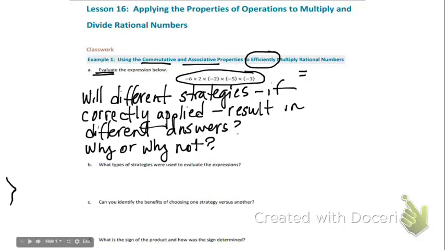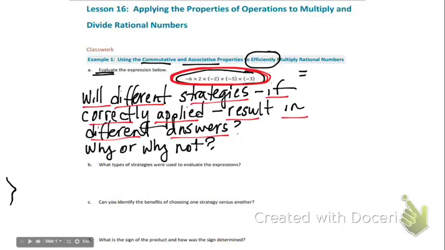One of the questions I want you to consider, while you do this, or actually before you do this, is will different strategies, if correctly applied, and it's very important that you're doing everything correctly, result in different answers? Do you think you could do this in different strategies? If you do, and they're both correct, will there be different answers?